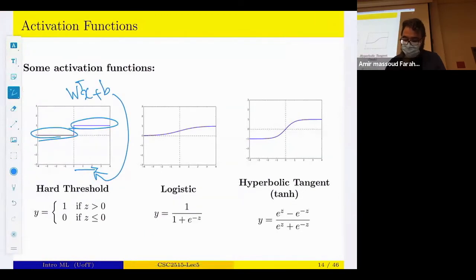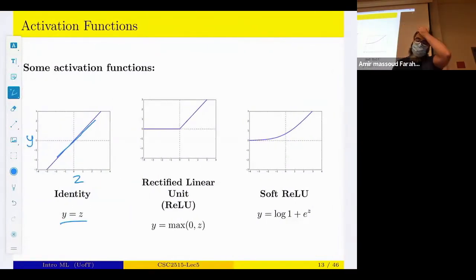So that's one. Let's look at another one, which is called rectified linear unit, or ReLU, which behaves like this: it's 0 if the input Z is smaller than 0, but it increases linearly after Z becomes positive.